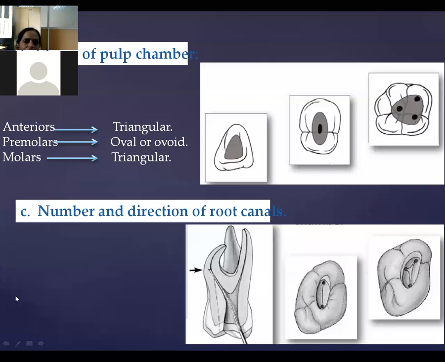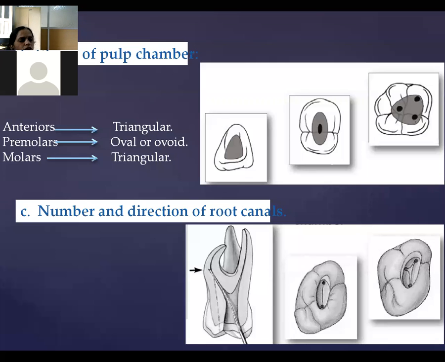Okay. The next principle in the outline is, just now I told you, number and direction of the root canals. So how many root canals do we have? How is the curvature of the root canal? This comes in the outline form. See, to do an access cavity, you should know the proper morphology of the pulp chamber.